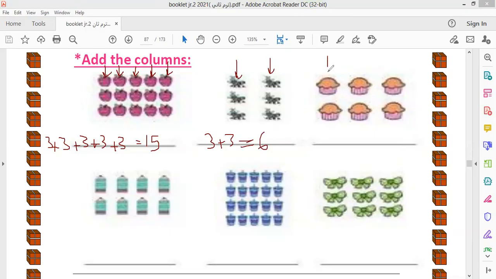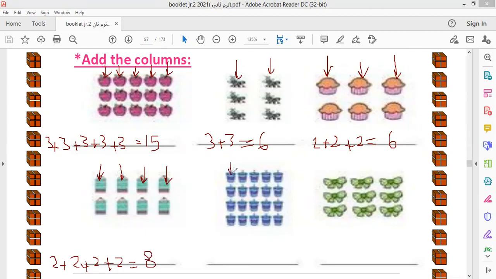And the cupcake we have here 3 columns, and each column have 2. So we write 2 plus 2 plus 2 equal 6. Here we have 4 columns, and each column have 2. So we write 2 plus 2 plus 2 plus 2 equals 8.